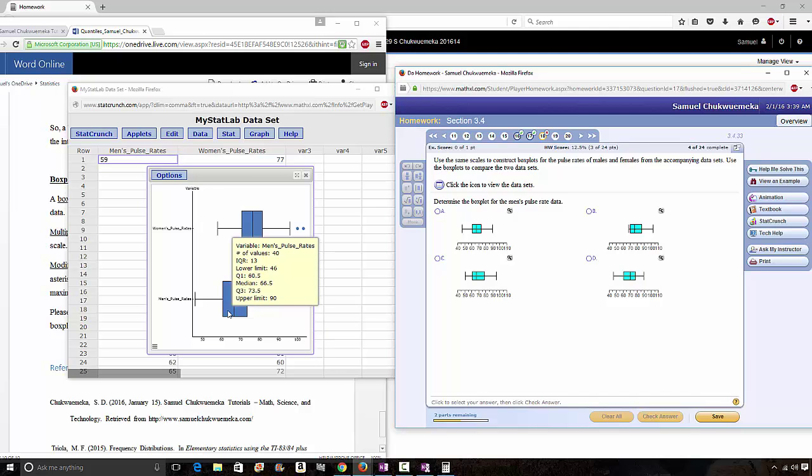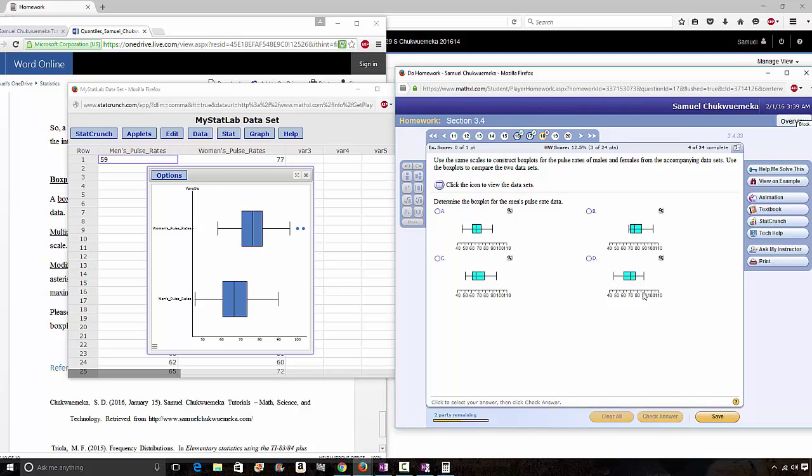Let's look at the minimum first, 46, and then the maximum, 90. 46 and 90, this is off. Well, this might be correct. B is off. 46 and 90. This is 50, so C is off.